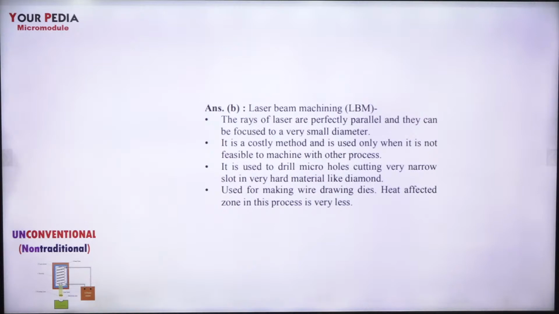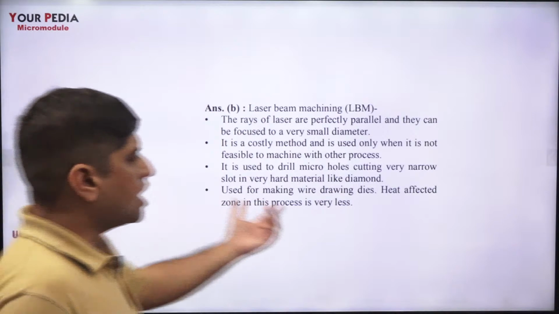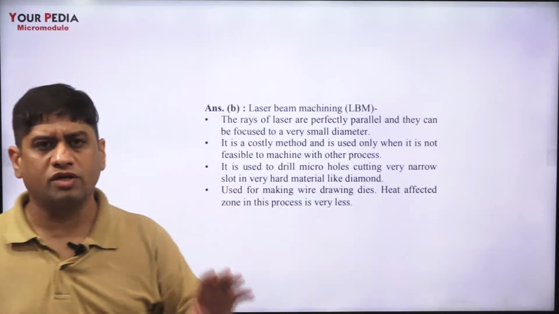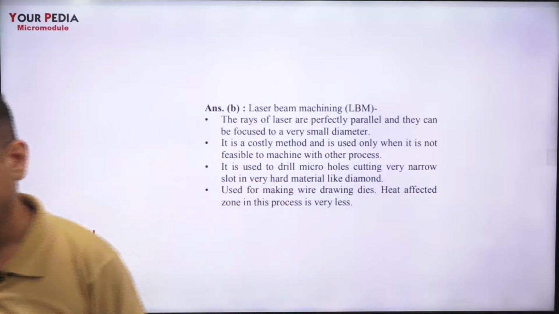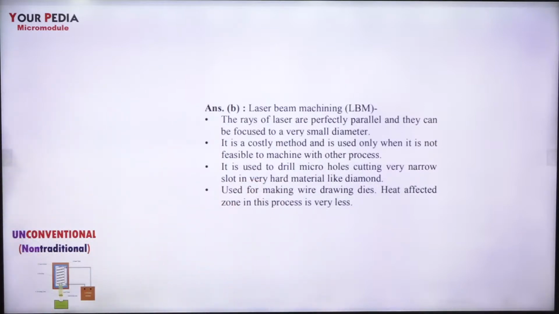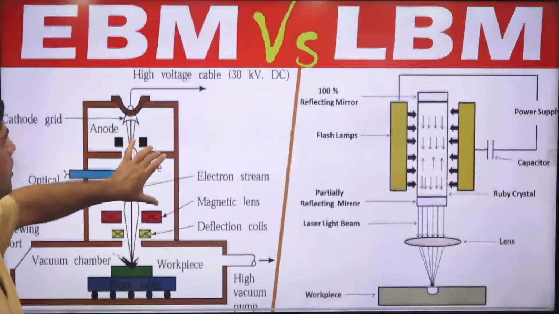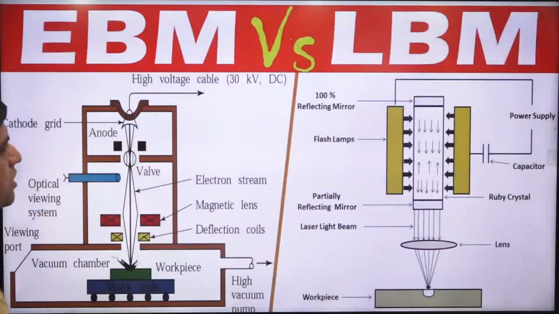Heat affected zone is very less. In plasma arc machining the heat affected zone is maximum, and in laser beam machining the heat affected zone is minimum. So you should be aware of these things: where do you get the maximum heat affected zone and where do you get the minimum? What is the difference between laser beam machining and electron beam machining?